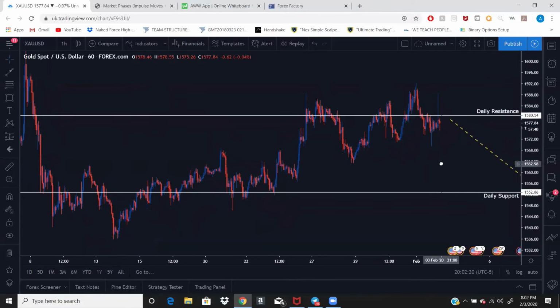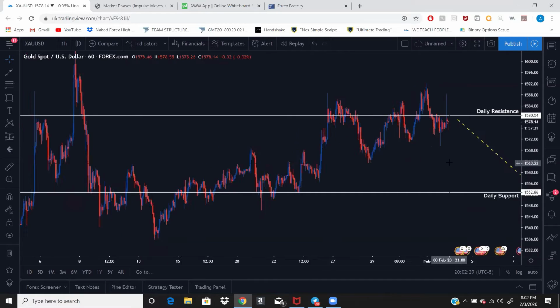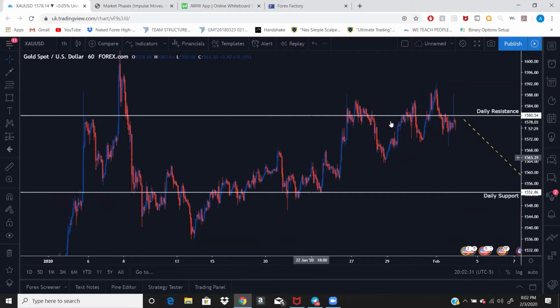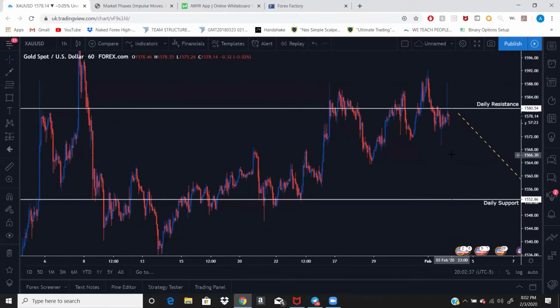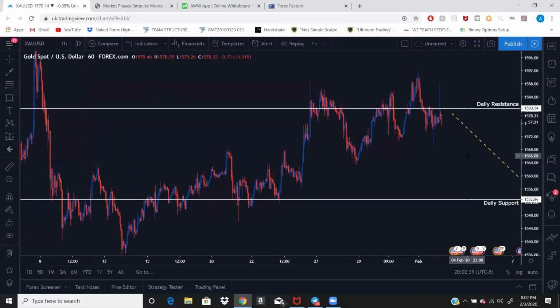But I usually don't get concerned about the news, because I know it just makes an impulsive move, and eventually the price and structure correct themselves. It just takes a little time until the news settles down, obviously.